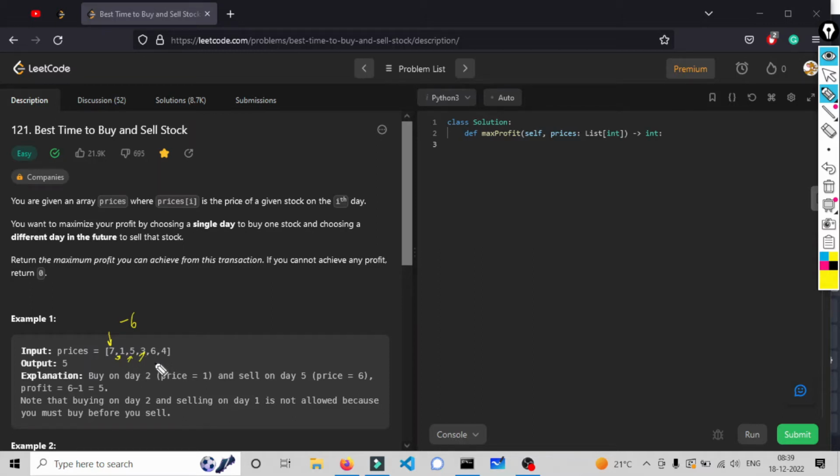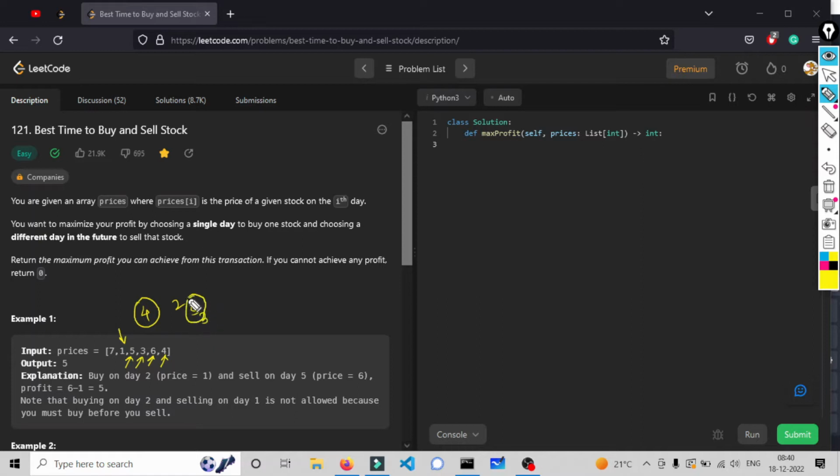Here also a loss, here also a loss, and here also a loss. Now what if you choose to buy at 1 and sell at 5? Then you will have a profit of 4. If you sell at 3, then you will have a profit of 2. At 6 you will have a profit of 5, and at 4 you will have a profit of 3.